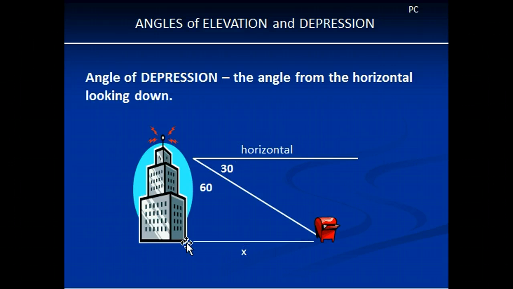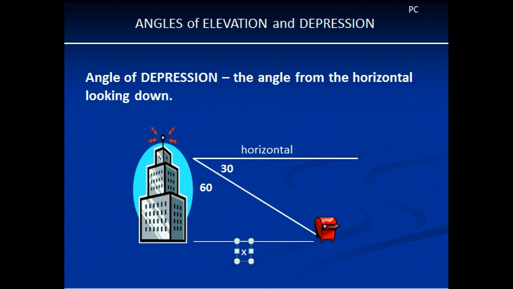But if we are looking for how far apart this mailbox is from this building, then you need to switch your angle. You can't use this angle for that. It's the other side. It's 60 degrees. This distance right here is going to be the same as this distance up here, so you can use it, but you have to make sure you understand what you are trying to find.